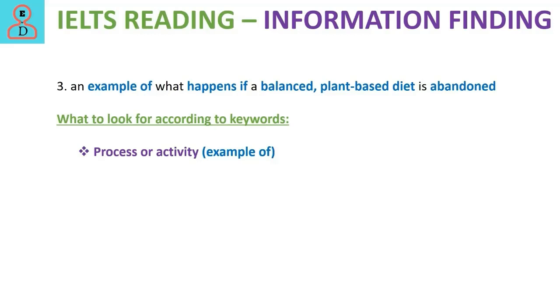Now, happens if is a cause and effect phrase, so the first two keywords suggest that there is an activity and its effect. The next two keywords will tell us what that activity is.